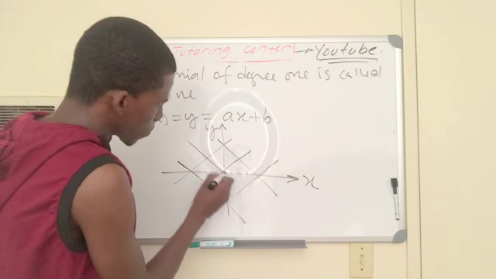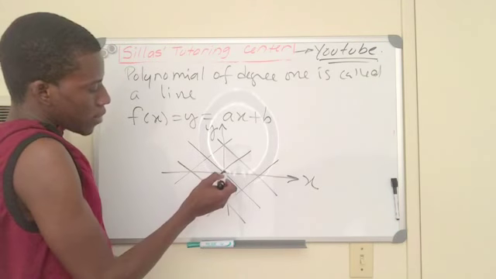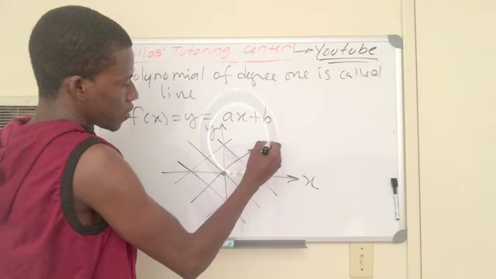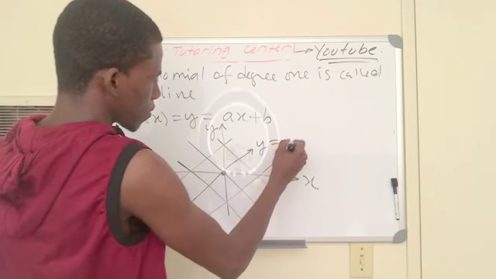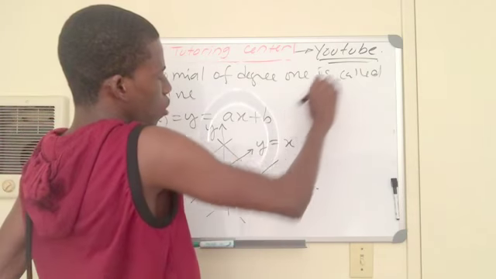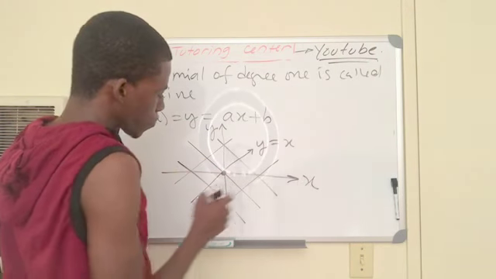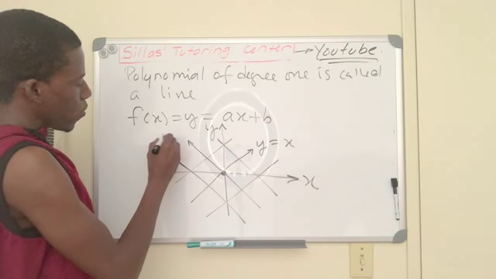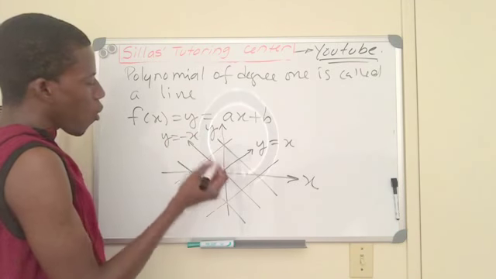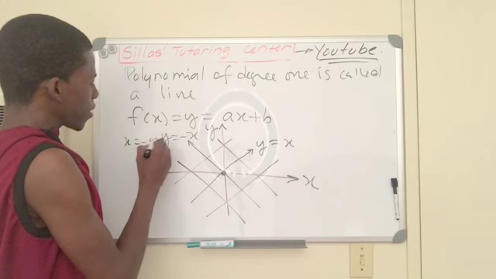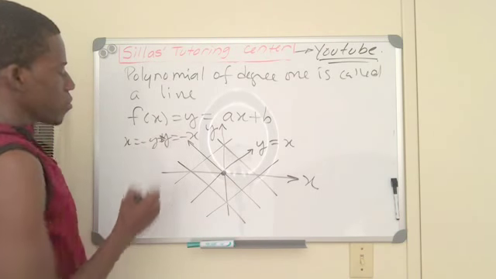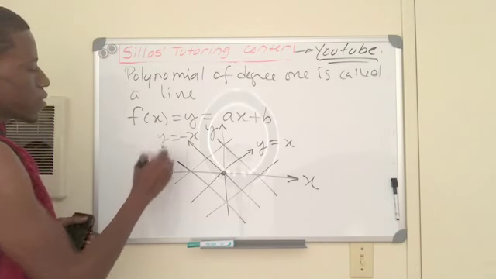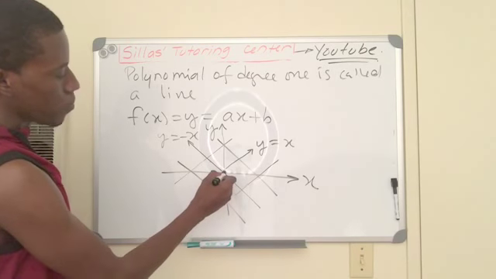At the center we have y equal to x. When x is going up, y is also going up. And for the opposite one, that's y equal to negative x, or x equal to negative y. That's the same thing. So that's exactly at the center.